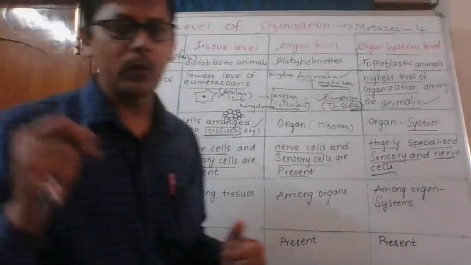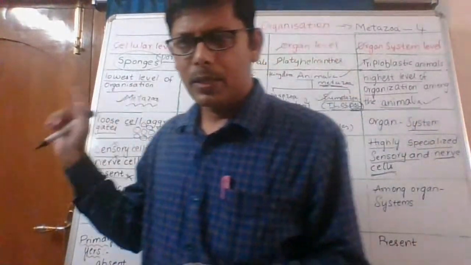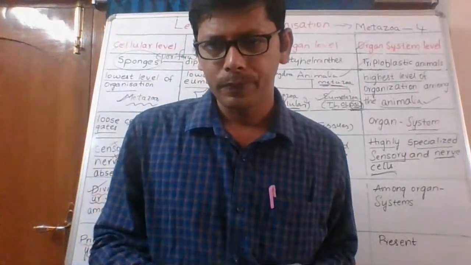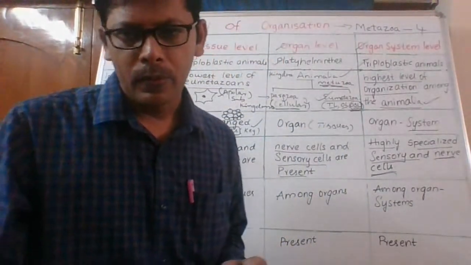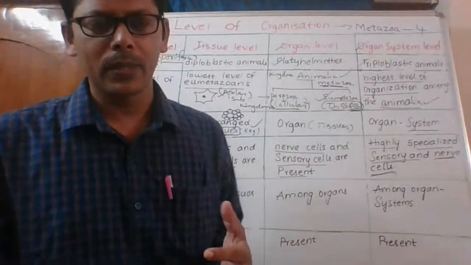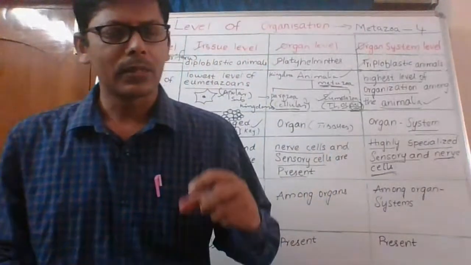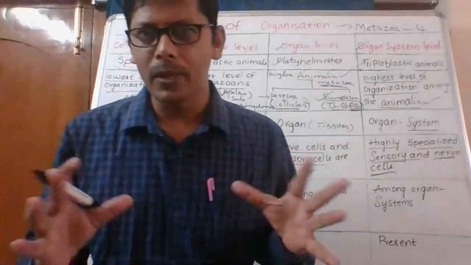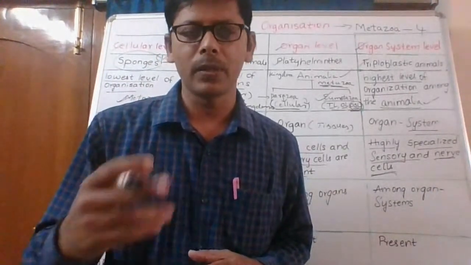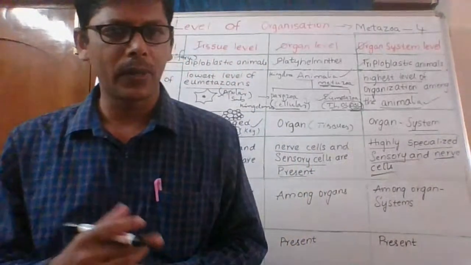Yesterday I mentioned some cells which are present in sponges: porocyte, pinacocyte, choanocyte, thesocyte, scleroblast. These are the different types of cells. The scleroblast forms spicules, which you will learn about in the Porifera phylum.